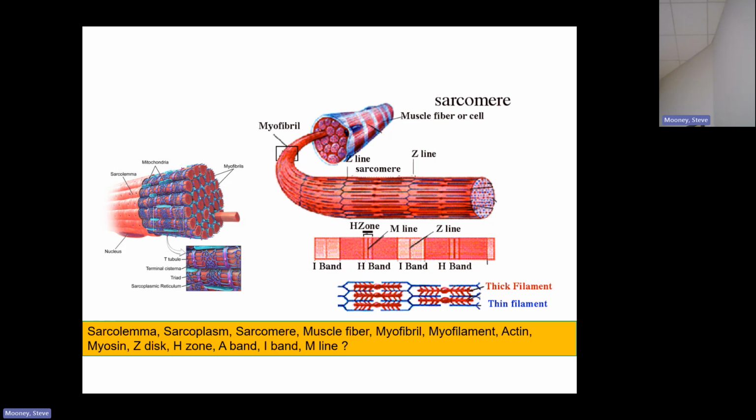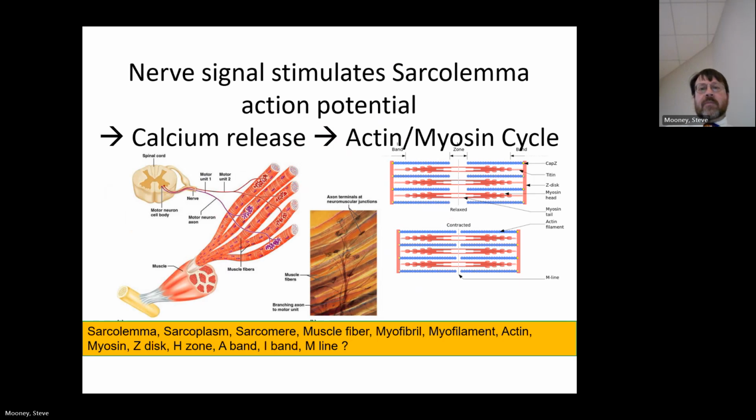Remember that those thin filaments surround the thick filament, and that thick filament is reaching on all 6 of those things going up. Again, we're showing that calcium release. That calcium release is going to lead to that contraction.